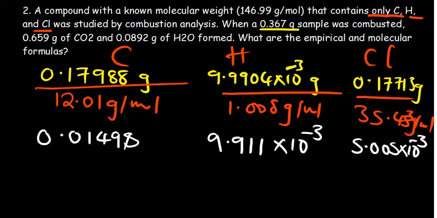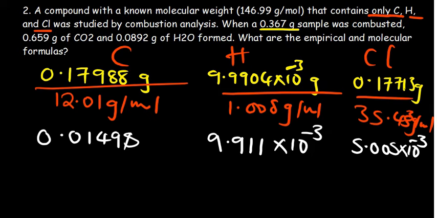For your own information, I want to remind you that there are some questions where they would give you the percentage composition of the elements. In such a case, assuming the total mass is 100%, you can consider the same percentages as their masses, then divide by the molar masses to get the number of moles, and then divide by the rest.